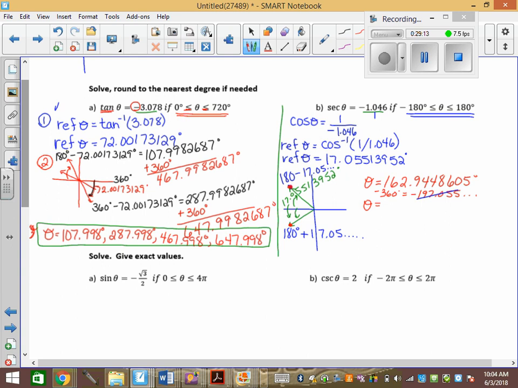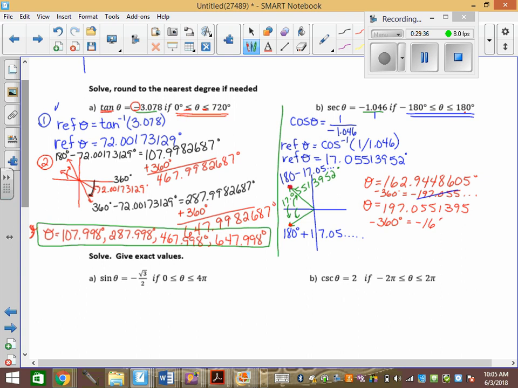Now my second one, I'm going to do 180 plus 17.05, whatever, and I'm going to get 197.0551395. That's outside of my domain because it's bigger than 180, so it's not going to work. So I'm going to subtract 360 from it and see if maybe that coterminal is there. I get negative 162.